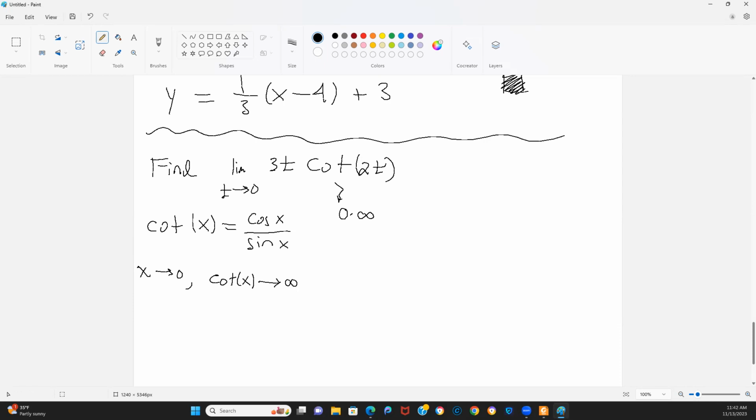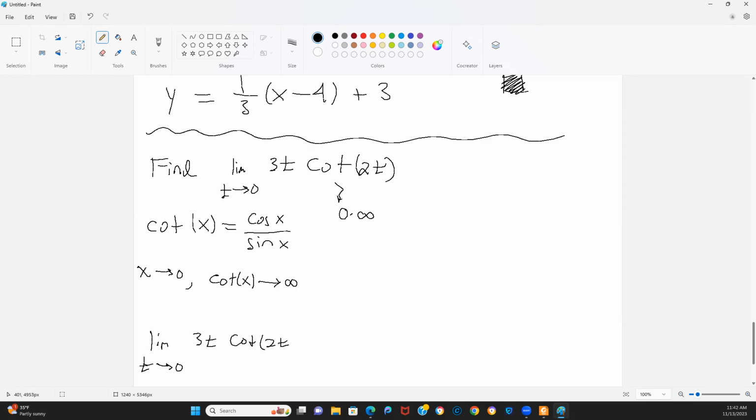So the indeterminate form we get is 0 times infinity. There are any number of ways we can solve that. We get this indeterminate form and we want to get it into either the indeterminate form 0 over 0 or infinity over infinity.